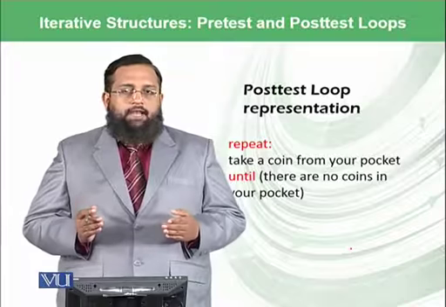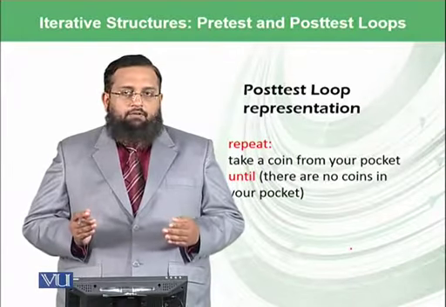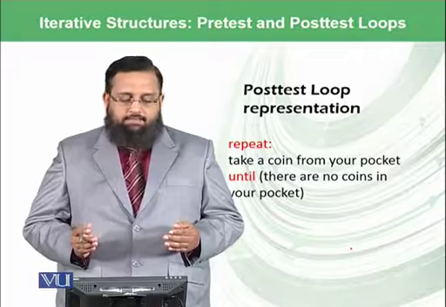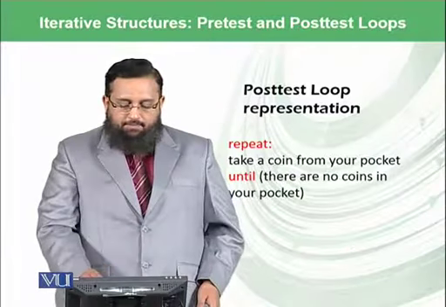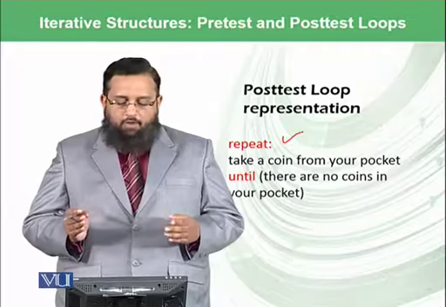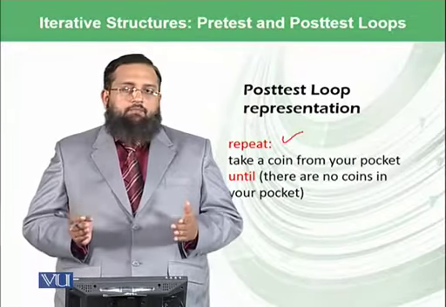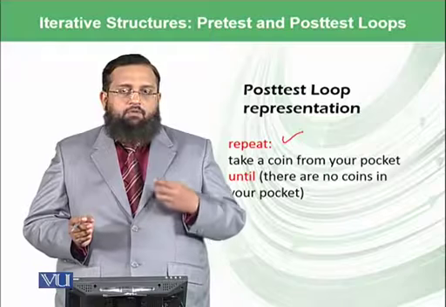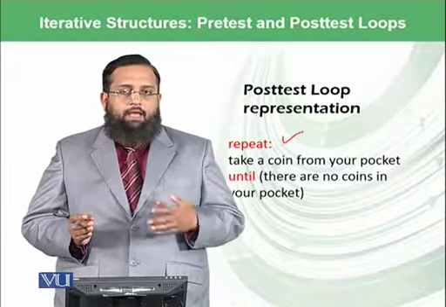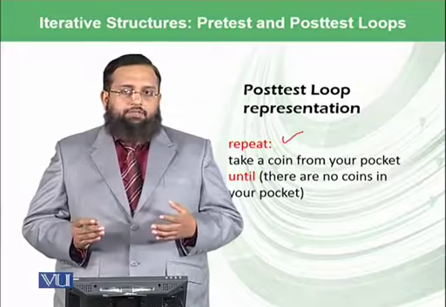The structure we are discussing over here is the repeat until structure. It says: repeat take a coin from your pocket until there are no coins in your pocket. This means we want to empty the pocket, and first we are not checking the condition.